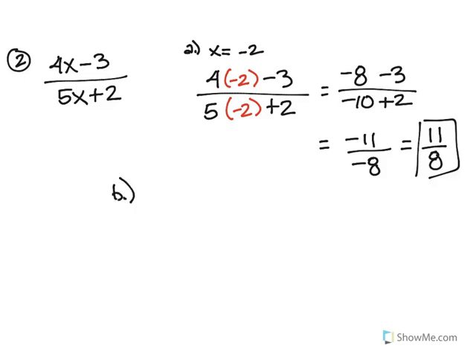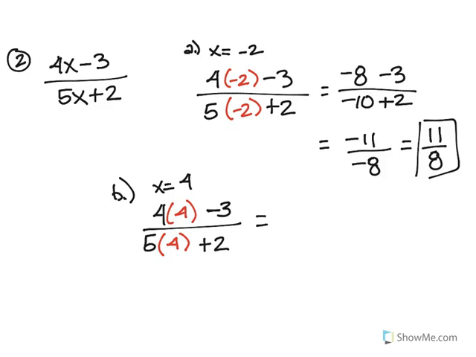And then for B, we're going to let x be 4. So I'm just going to stick 4 in. And there we have 4 times 4 is 16, minus 3 over 5 times 4, which is 20, plus 2.